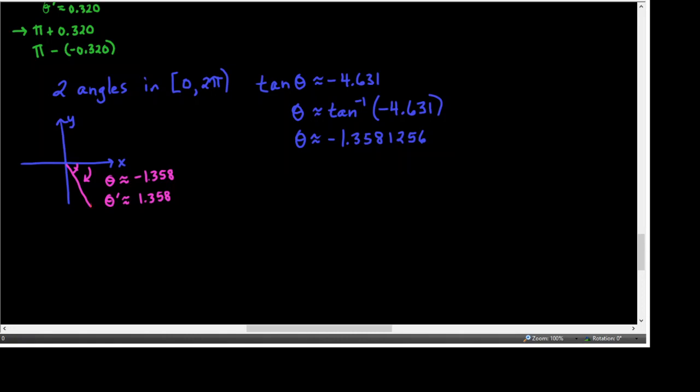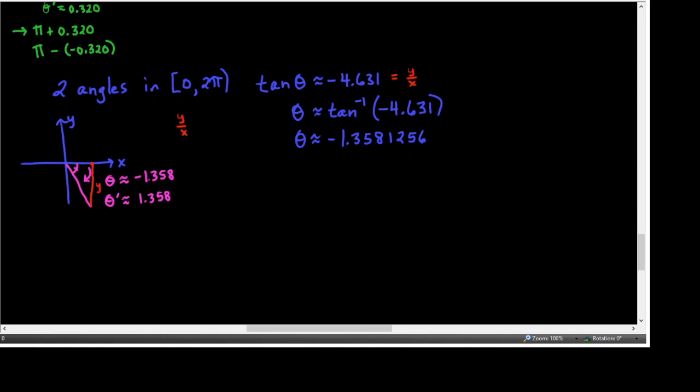All right, because we are working with tangent, that's y over x. Y over x is what this negative 4.631 is equal to. Since that's a negative number, it's possible that y is negative, which is what it is here.